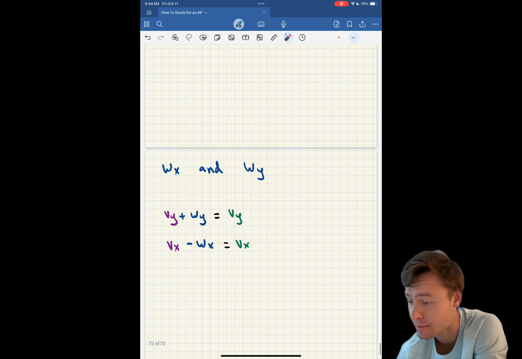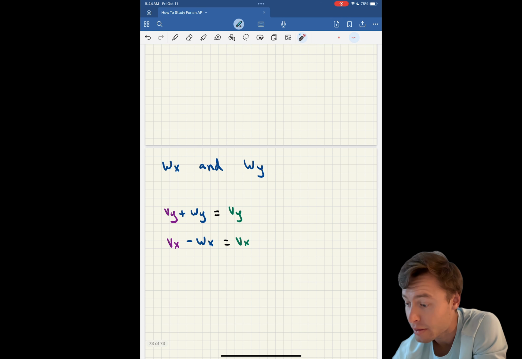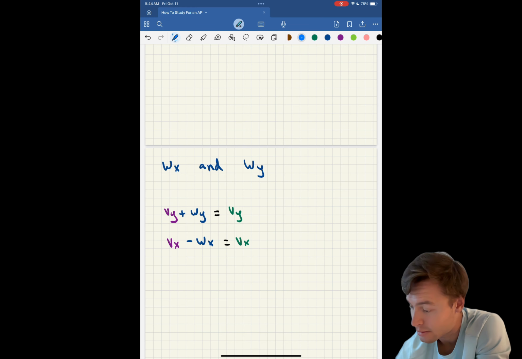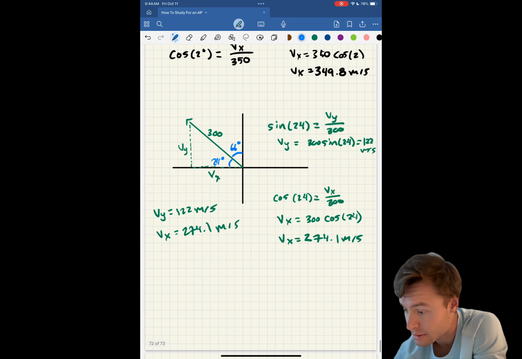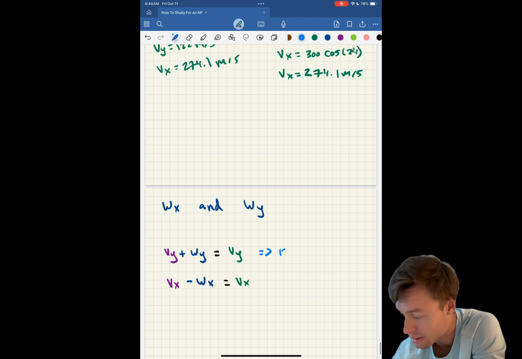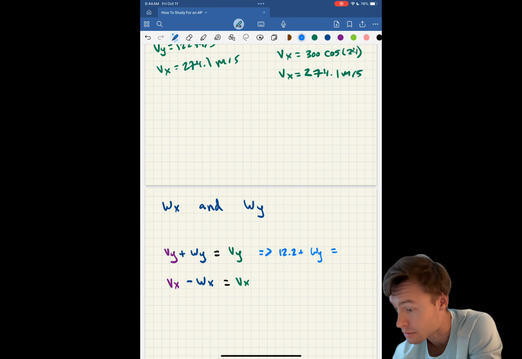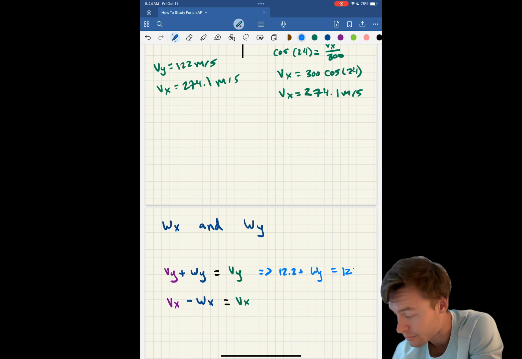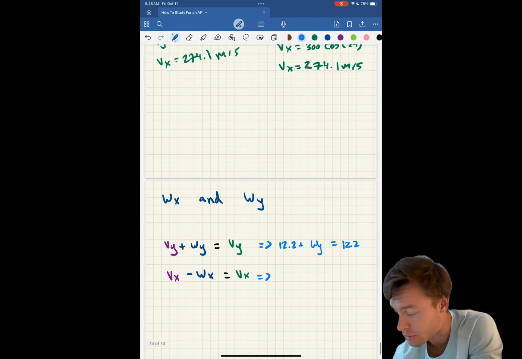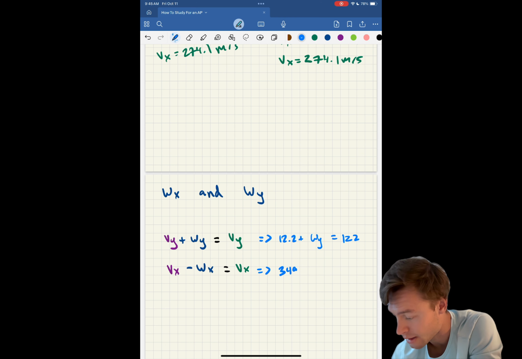Okay, so now let's just put some numbers in here. So v sub y was 12.2. So 12.2 plus wy, which we don't know, is equal to 122. And then our second equation is 349.8 minus wx is equal to 274.1.